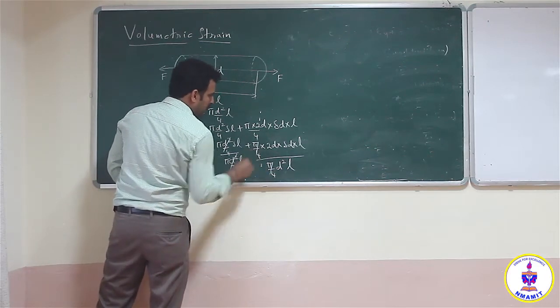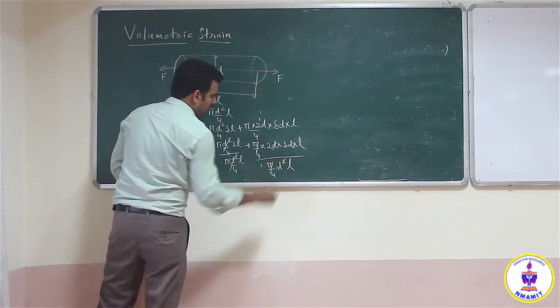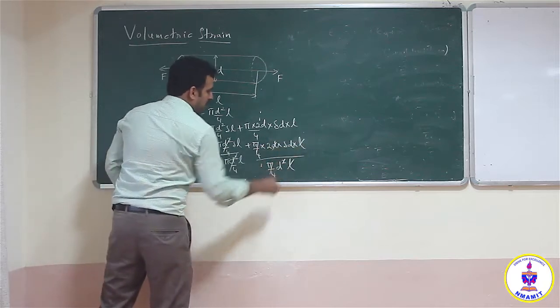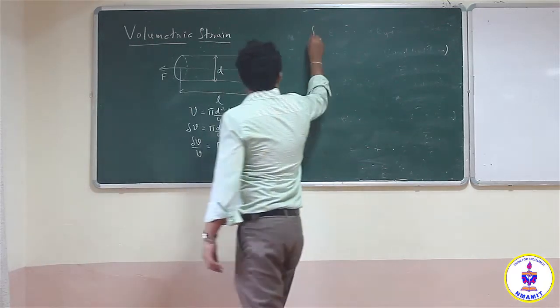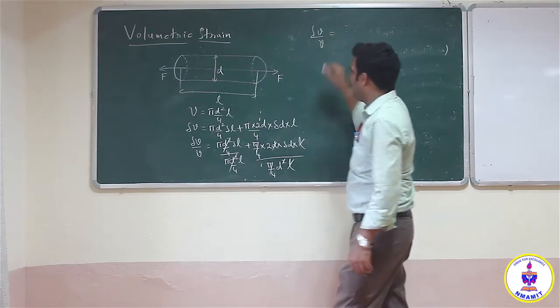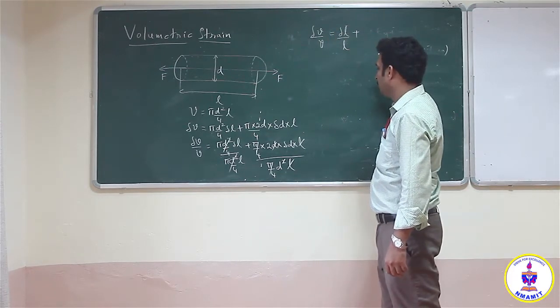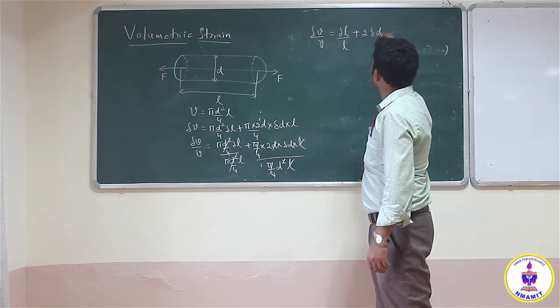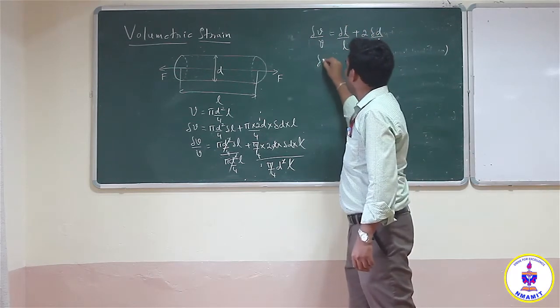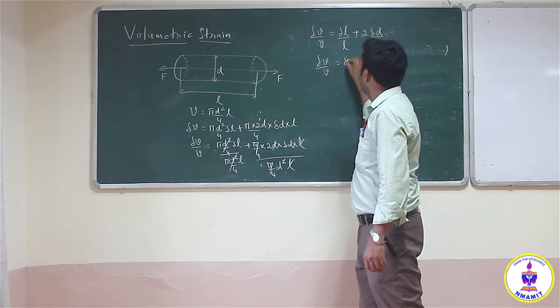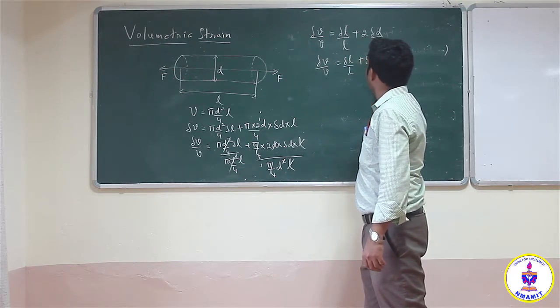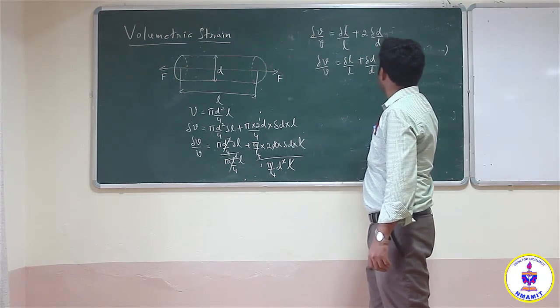The pi by 4, pi by 4, and D will get cancelled. Length and length will get cancelled. So we are left with delta V by V equal to delta L by L plus 2 into delta D by D. Or delta V by V equal to delta L by L plus delta D by D plus delta D by D.